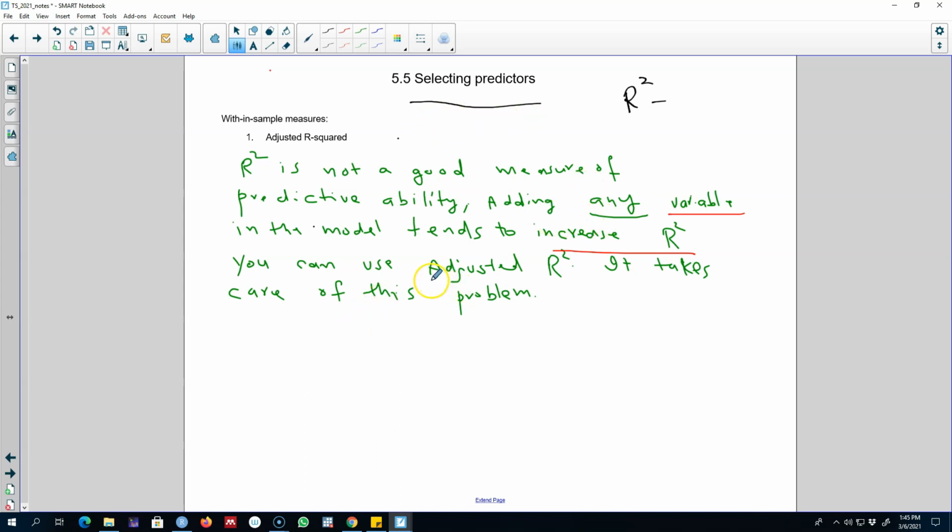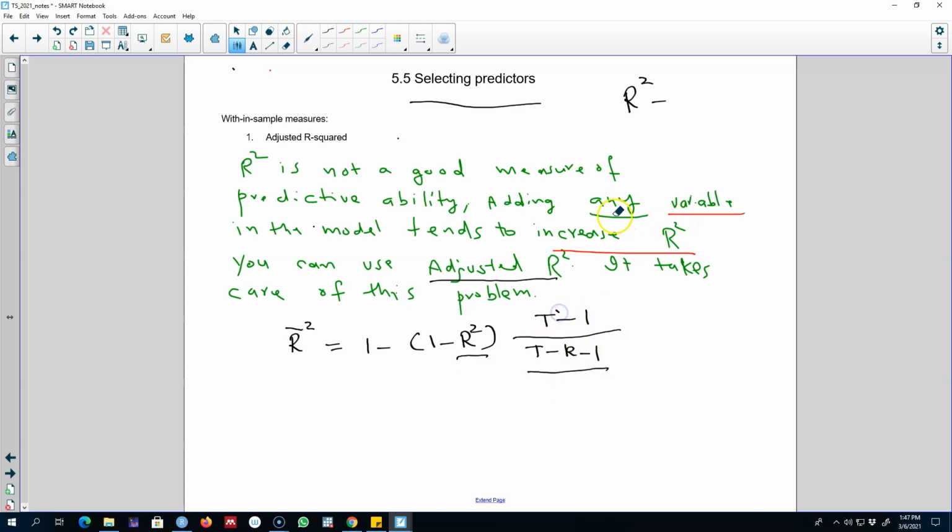So what we can do is use the concept of adjusted R squared, which takes care of the problem of degrees of freedom. What we do while calculating adjusted R squared, represented by this R squared bar, is adjust the value of our R squared, and this is the same R squared which is reported with any statistical program. We adjust the value of R squared to take care of the degrees of freedom.